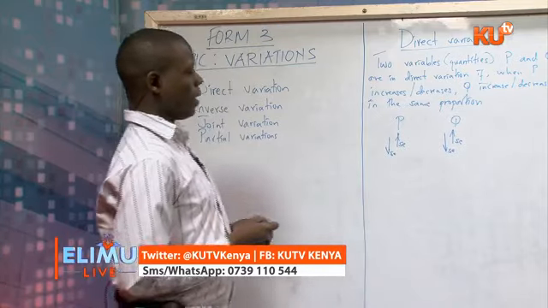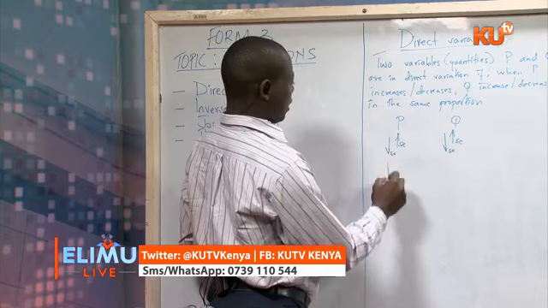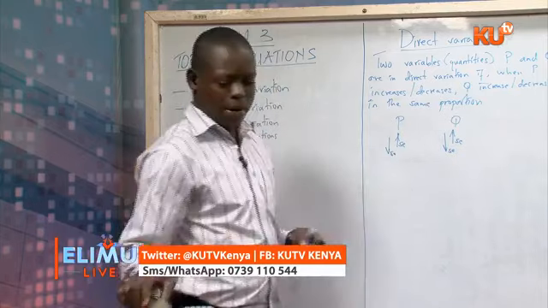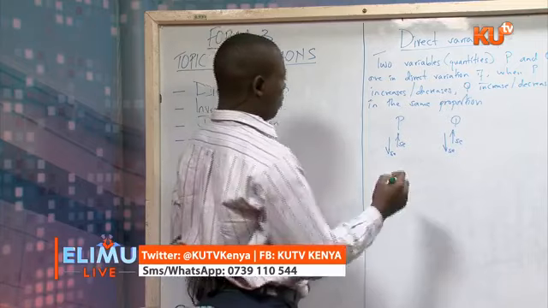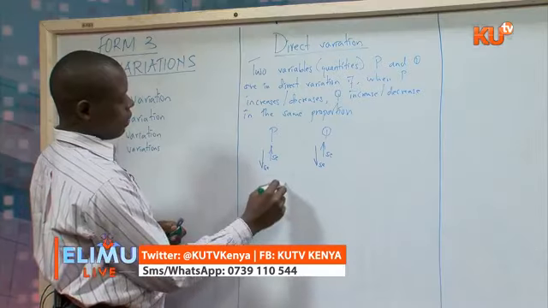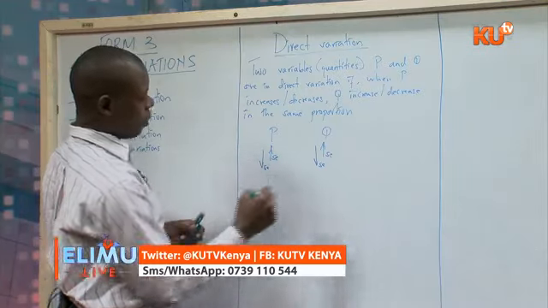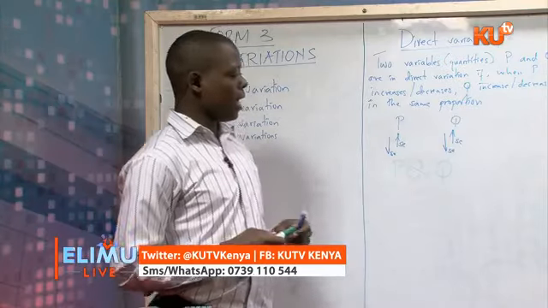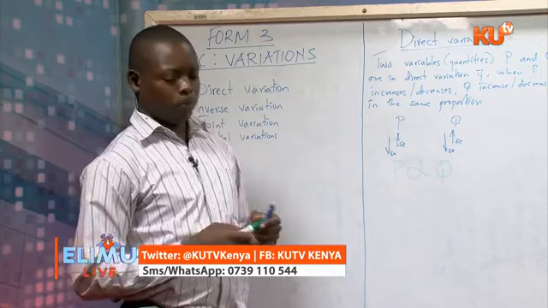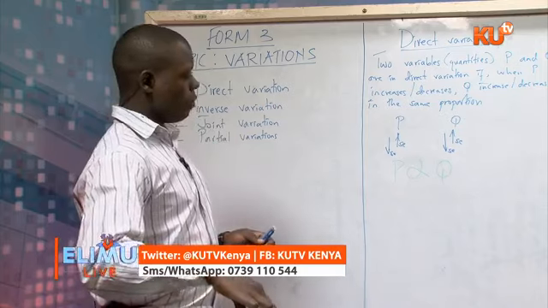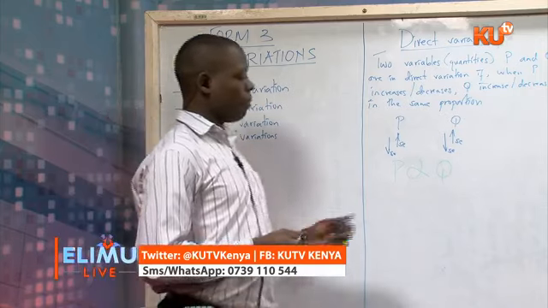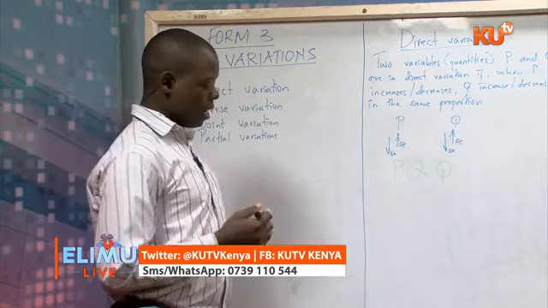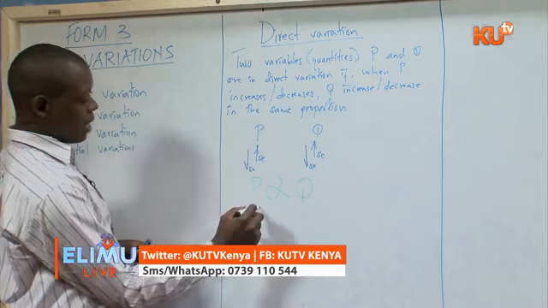But we are going to use a variation. I will say in this case that if P is varying directly as Q, then mathematically we express this as P, using the variation sign, equal to Q. So this means that P is varying directly as Q. But as you all know, the sign alpha used here to symbolize variation has no mathematical equation, so we have to remove this sign.